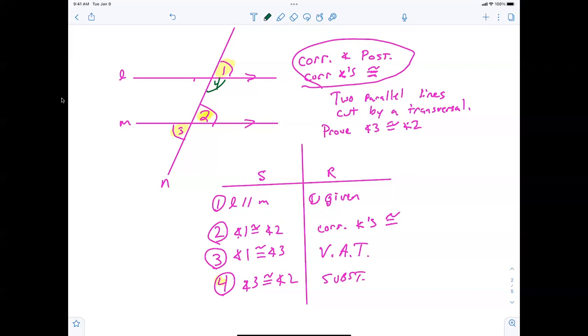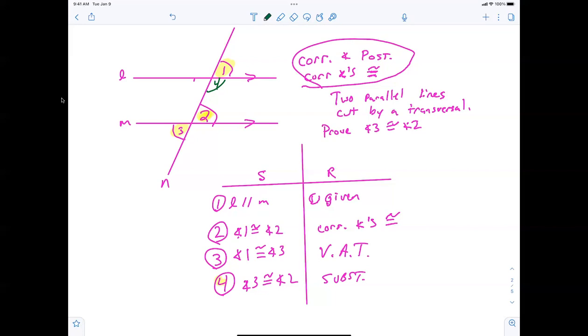If they form a linear pair, that means angle 1 and 4 are what? Supplementary. And because 1 and 4 are supplementary, you can now say that 2 and 4 are supplementary. Come on now. We don't have to write that down. Is everybody good with that? Anybody have any questions with that?